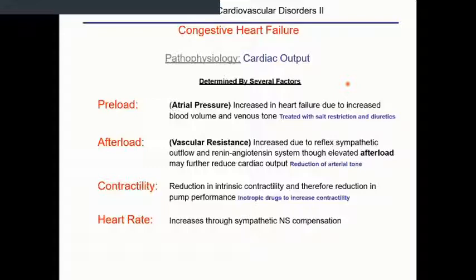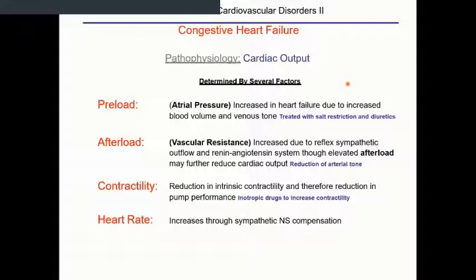Also, in terms of the intrinsic strength of the heart, in terms of contractility, it can also lead to reduction in intrinsic contractility because of, for example, damage to the heart wall due to previous ischemia, or due to too much stretching of the chambers of the heart, or it is already dilated due to the Laplace equation on the relationship between pressure and the area of the chamber of the heart.